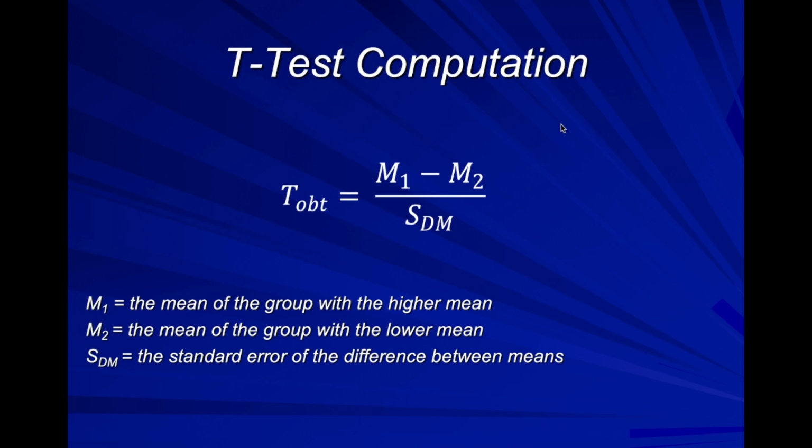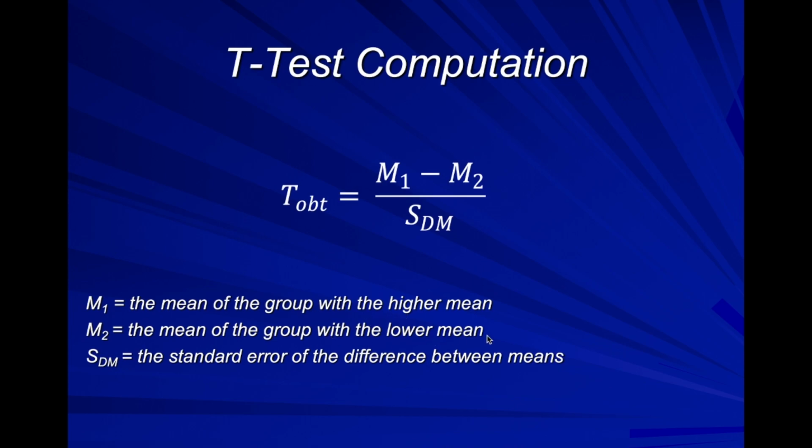All right, so starting out, here is the formula for the t-test. In this formula, I'm going to point out a few of the features. You have t OBT. OBT stands for obtained, so the t-score that was obtained. And the M1 and the M2: M1, as you can see down here, is the group with the higher mean, and M2 is the group with the lower mean.